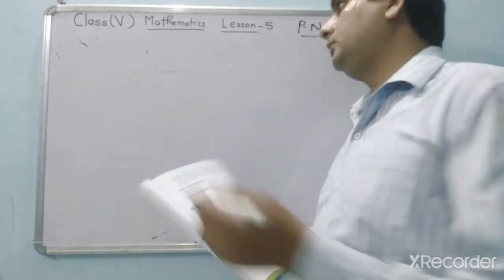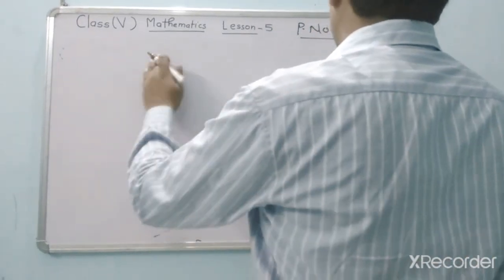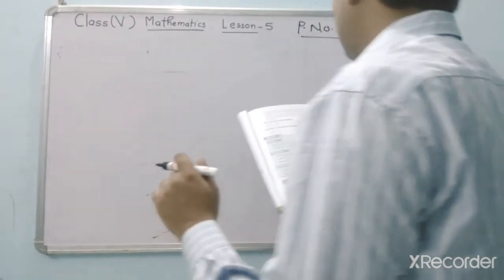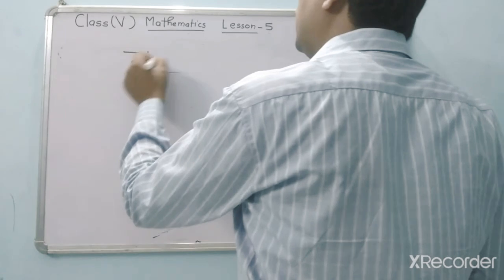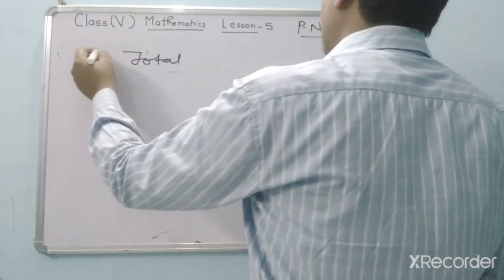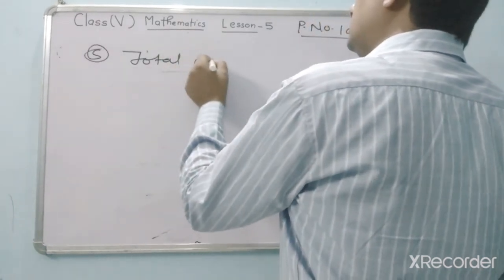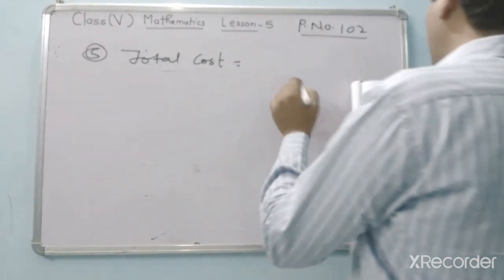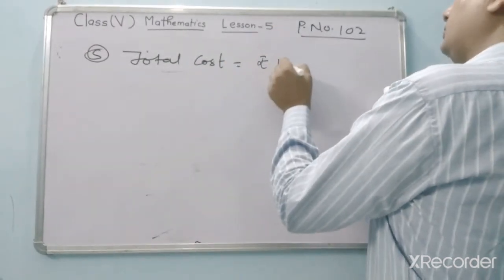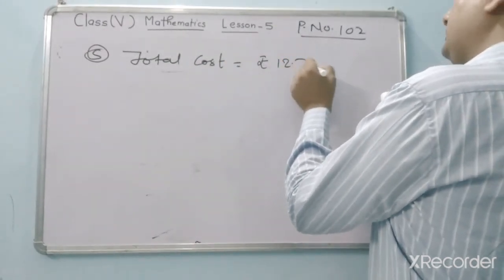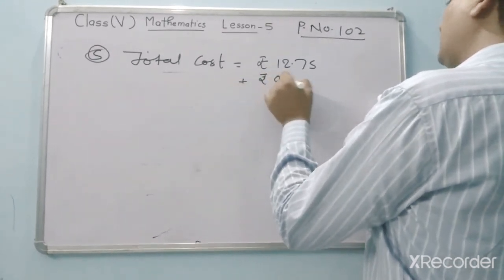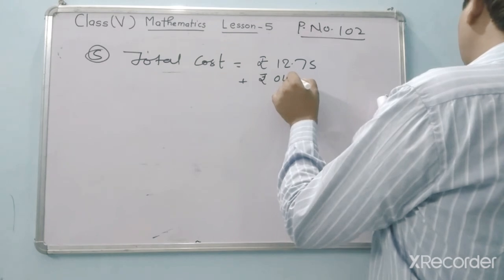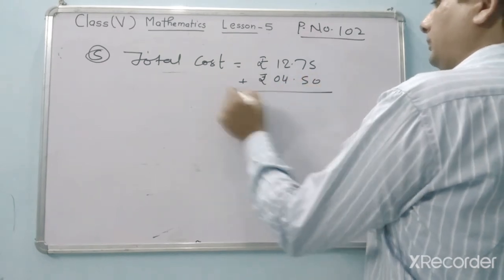So you can write total cost. This is the question number 5. Total cost equal to add rupees 12.75 plus rupees 04.50. You have to add it.